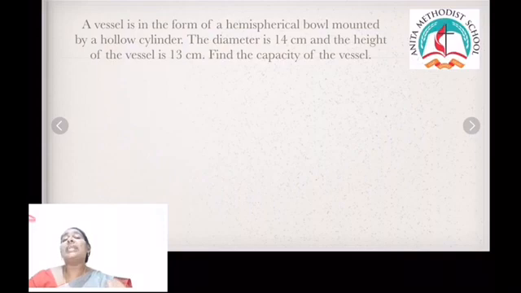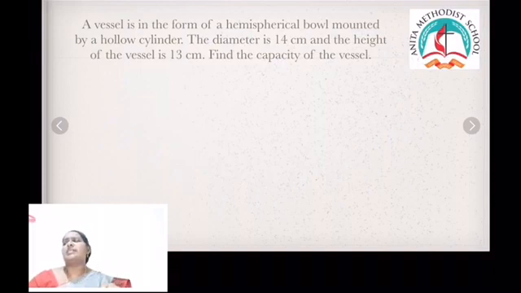How will you calculate the height of the cylinder? We know the total height is 13, but the radius of the hemisphere is 7 centimeter. So total height 13 minus 7, what will you get? You will get 6 centimeter.